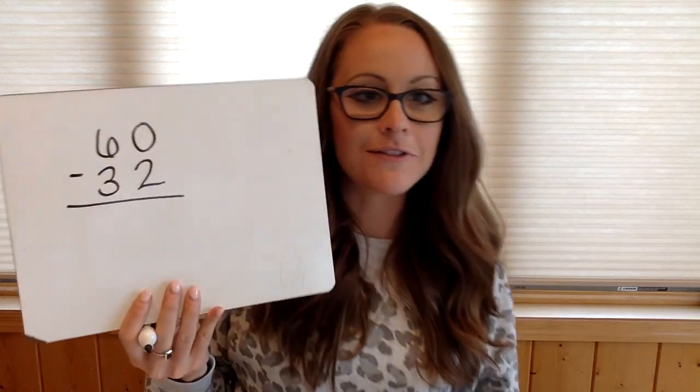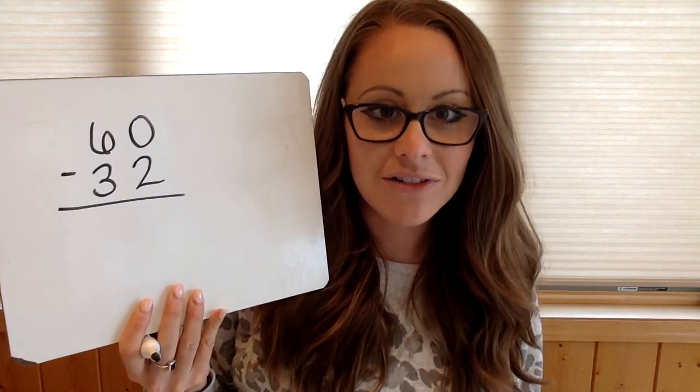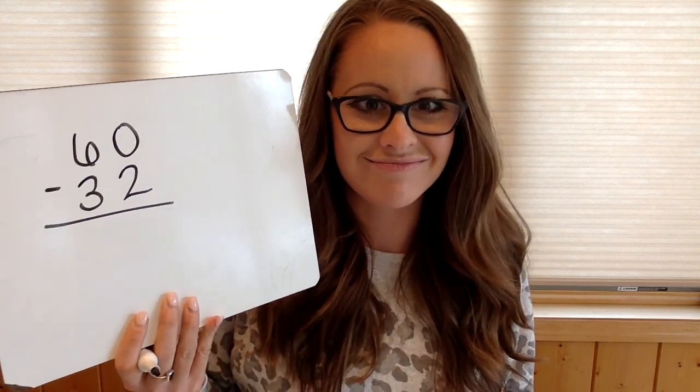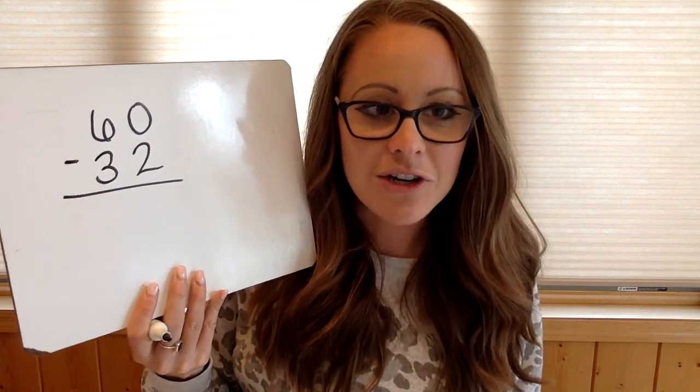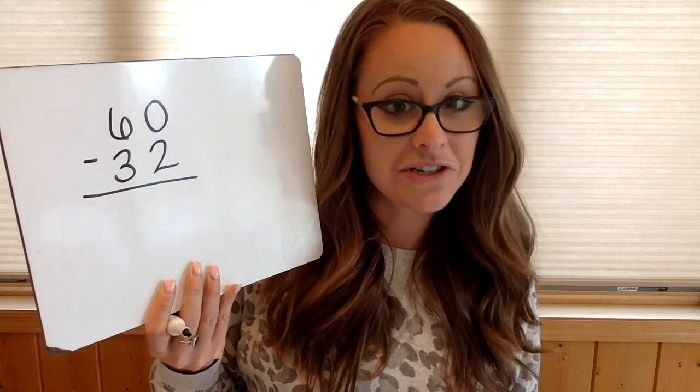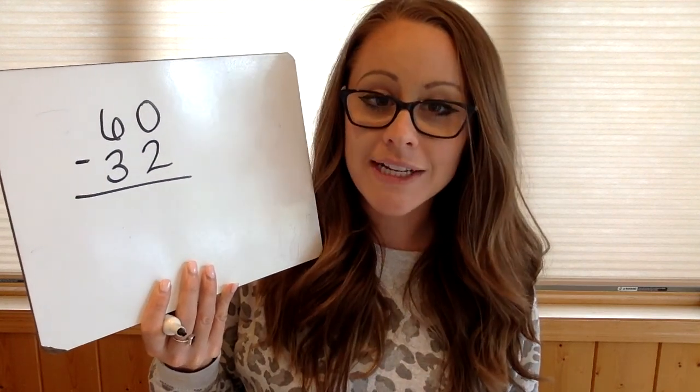Okay, so if you look here, if I have 0, can I take away 2? No. I need to go over to my tens and I need to do an exchange. So I'm going to cross out the 6, and what am I going to put there? A 5, right? And then when I bring that 10 over, it becomes 1.